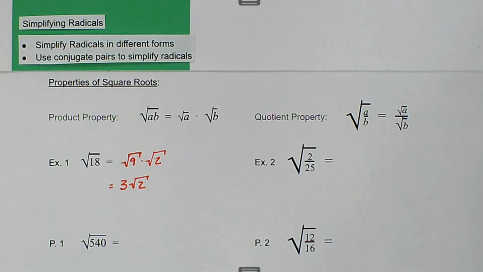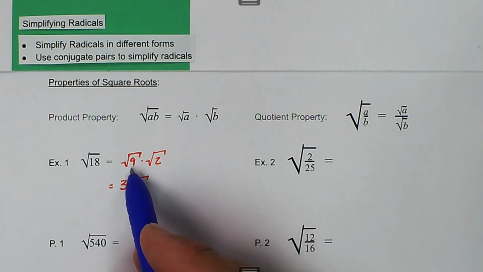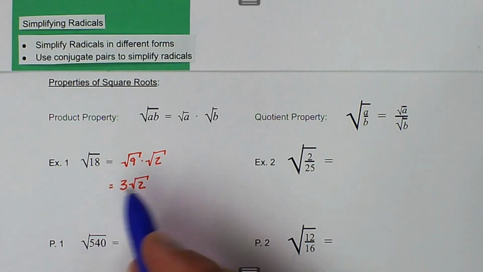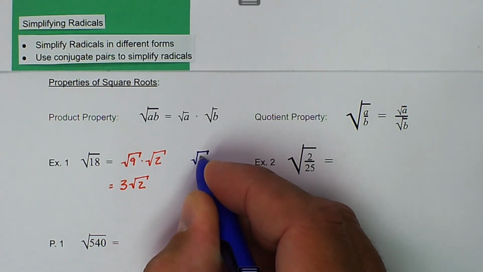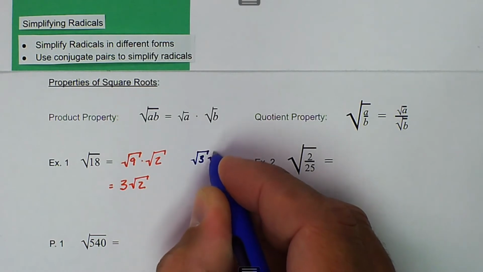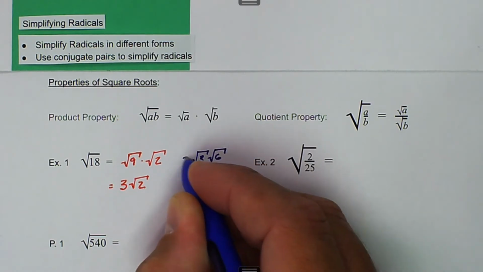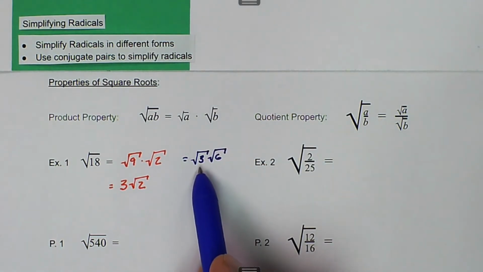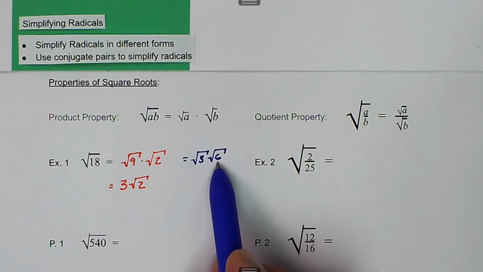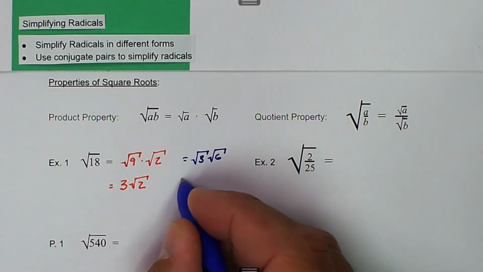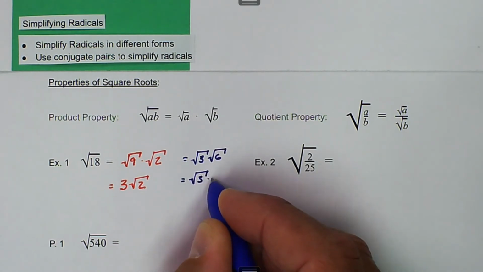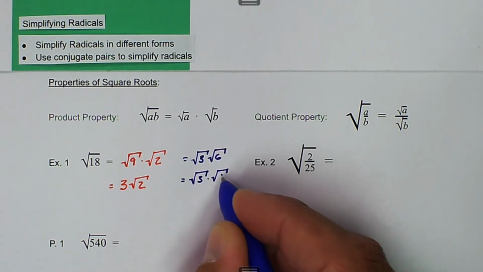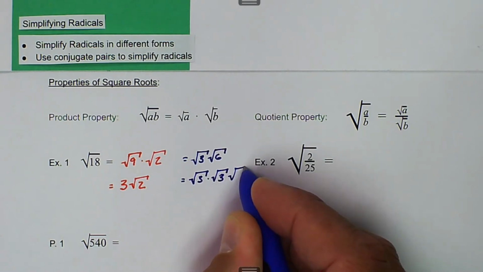If we weren't able to see that 9 times 2 was 18, maybe you thought 6 times 3. And so then you're like, okay, it's still nothing, but I can see that I can divide 6. So then we can say the square root of 3 times the square root of 3 times the square root of 2.